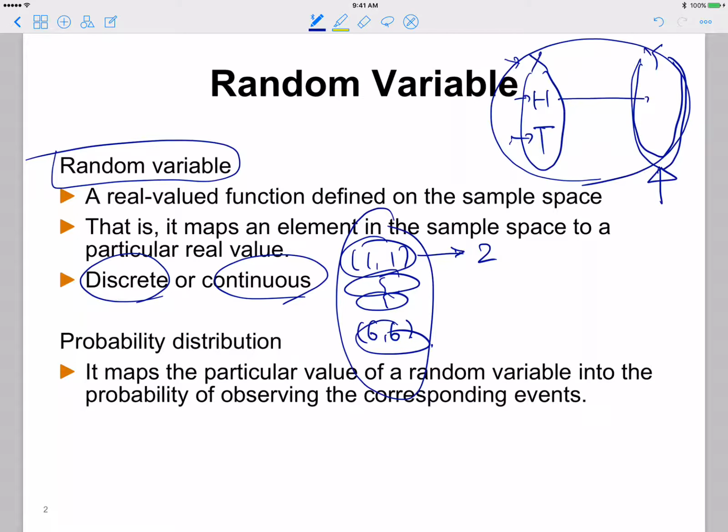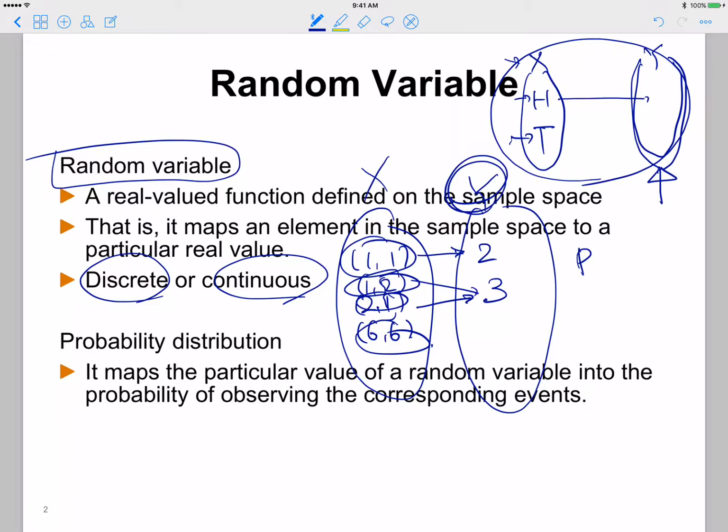Okay, sum of these 2 values, and then 1,1 will be mapped into 2. So this is our x, and this is our y, and 1,2 will be mapped into 3, but at the same time 2,1 will also be mapped to 3, right? So that way different events can be mapped to the same value in our random variable. And then we can consider the probability of observing this random variable as 2.